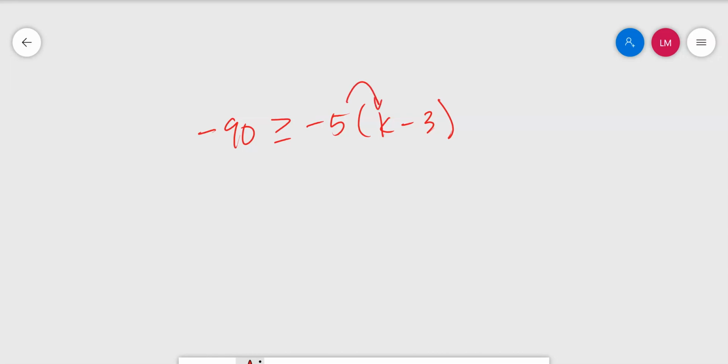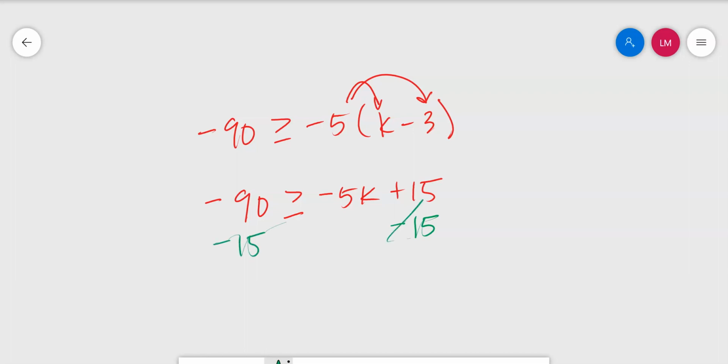So we're going to multiply the negative 5 through the parentheses. And from left to right, negative 90 greater than or equal to negative 5. Okay. And this will be a plus 15 because a negative times a negative is a positive, right? And then we're going to take 15 away from both sides.